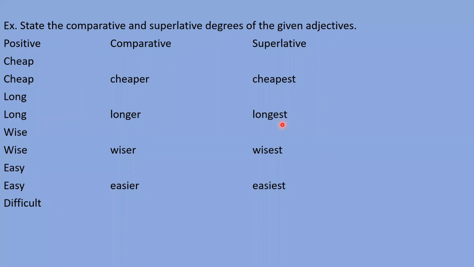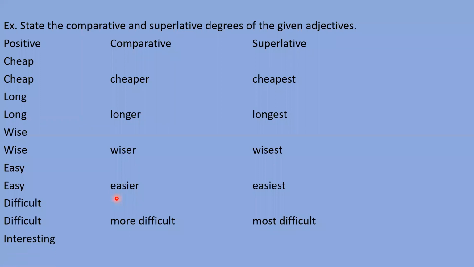More difficult, most difficult. Yes, two syllables are there. That's why we need to say difficult, more difficult, and most difficult. I have told you, when there is a two syllable word or more than two syllable word, while making comparative and superlative, we should use more and most.